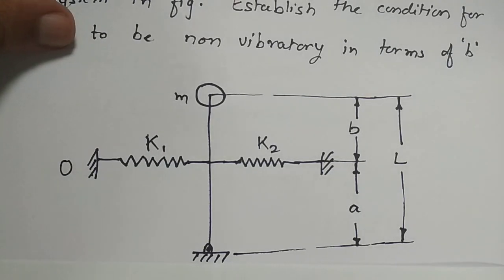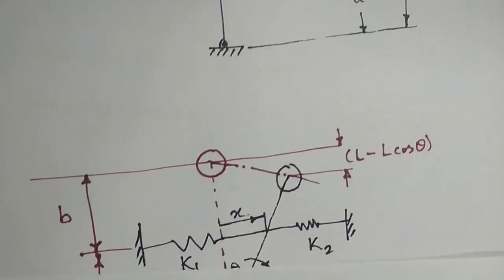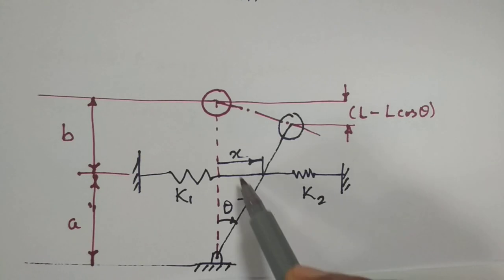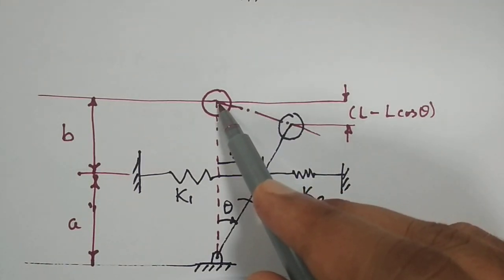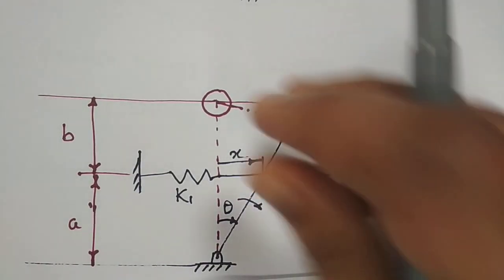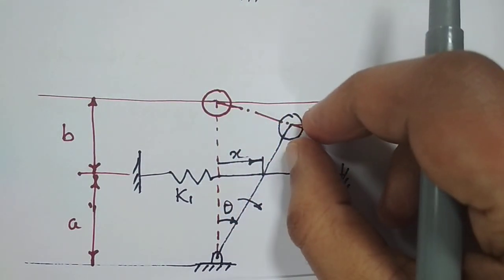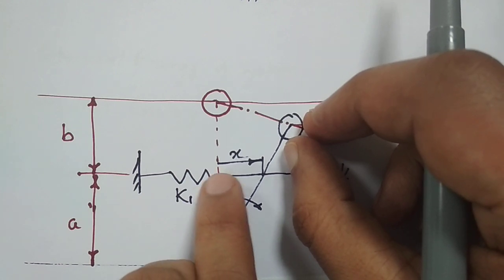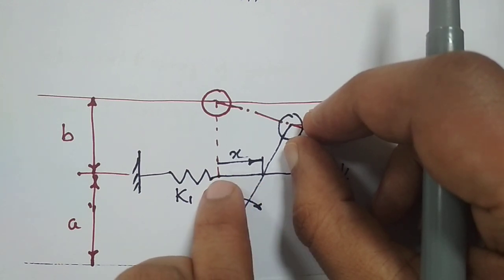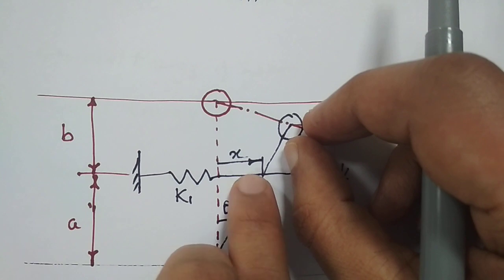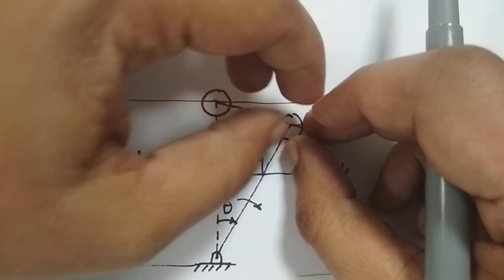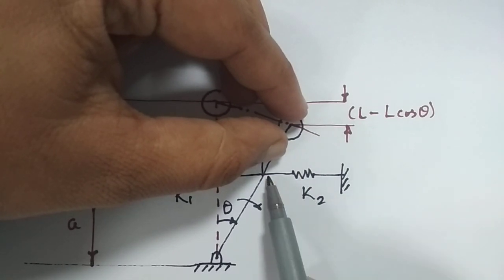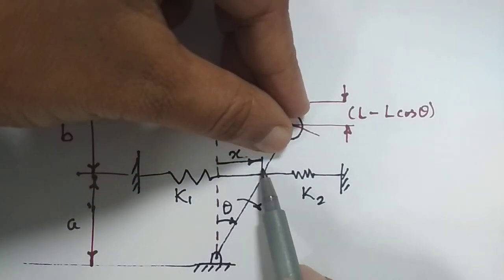For that, we will assume suitable data. What did we assume? As this mass is displaced, I pull this mass up to this point. At that time, the K1 spring gets deflected by a distance x. At the same time, K2 is also deflected, compressed, by this distance x.